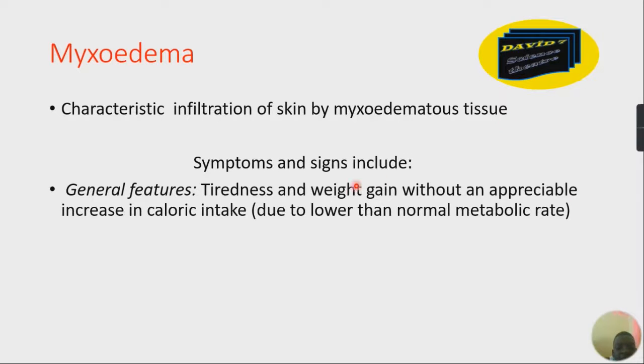One, there are general features like tardiness and weight gain without an appreciable increase in calorie intake, due to lower than normal levels of metabolism. So these people tend to gain a lot of weight even if they don't take a lot of calories, due to the lower than normal metabolic rate, and they're tired.